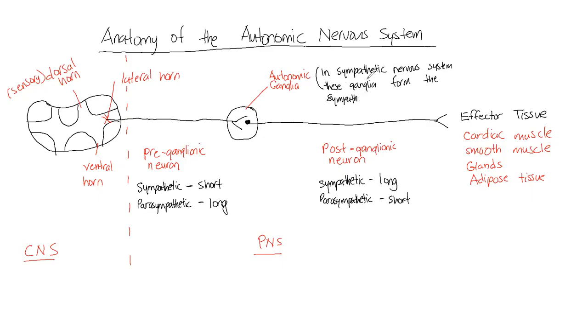The collection of these ganglia is located right next to the spinal cord, again, indicating the length of the preganglionic neuron, really short length there. And so these structures collectively are called the sympathetic chain. Okay, so the autonomic ganglia of the sympathetic nervous system form the sympathetic chain. Again, another important distinction we want to make, there's not a sympathetic chain or a chain of any sort associated with the parasympathetic system.